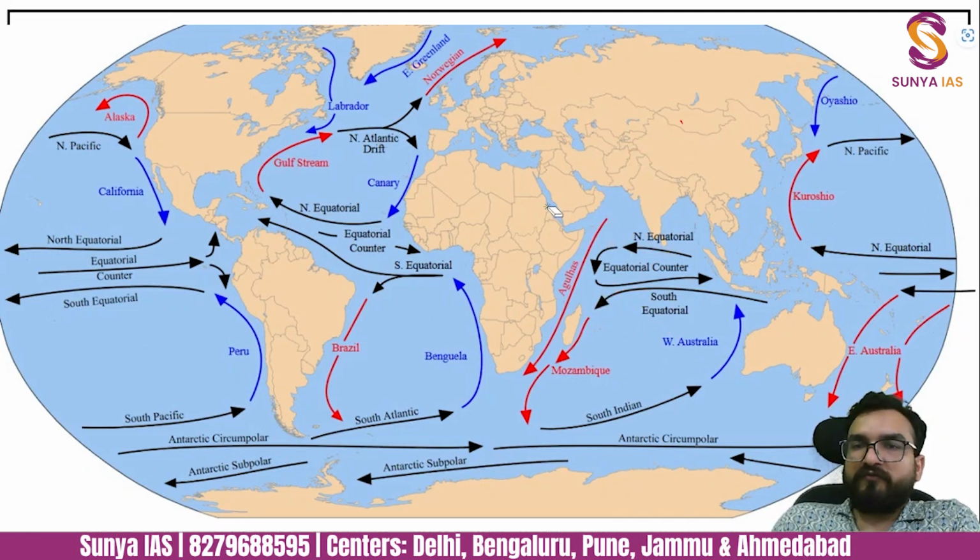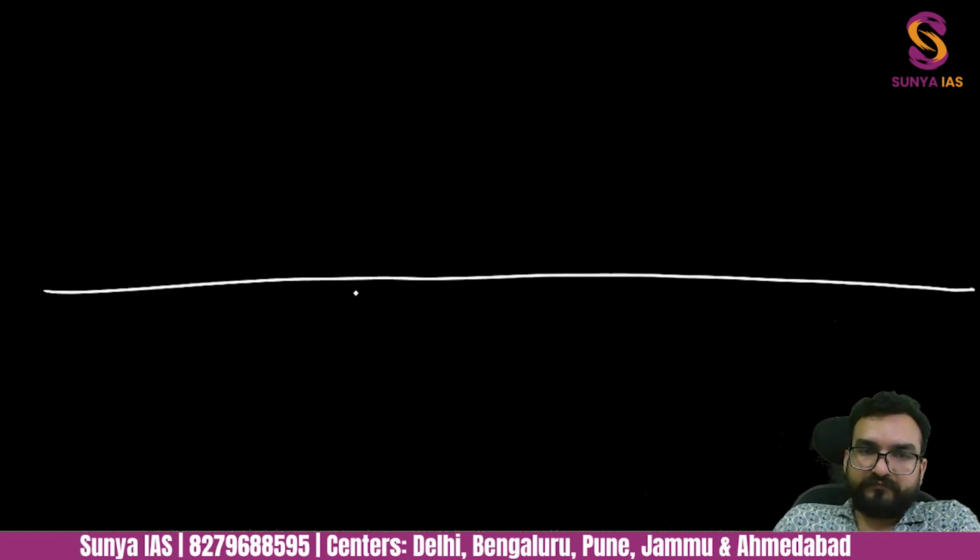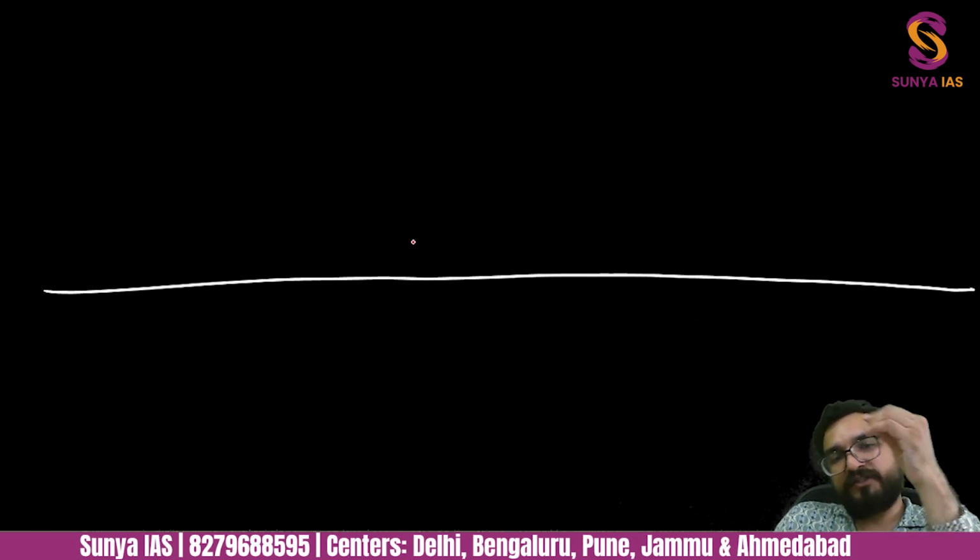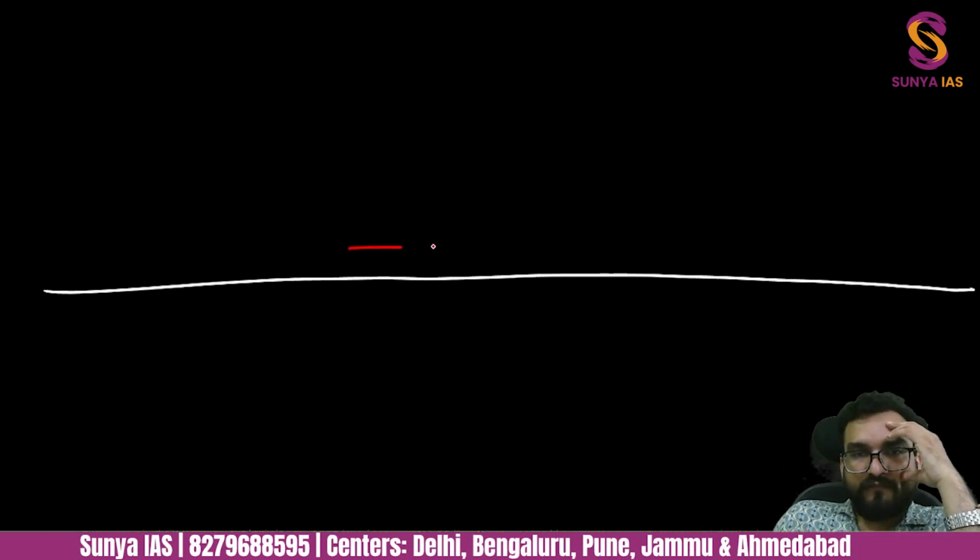Okay, try to draw once, guys, just in a simple manner. How you will draw it, I'll show you. So Pacific Ocean, Atlantic Ocean I'm drawing. Atlantic, this is North Atlantic. So name these currents, guys.